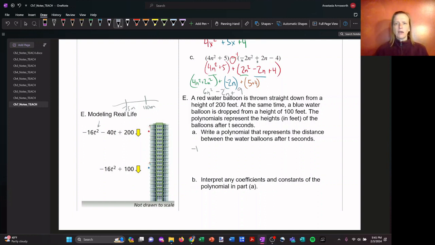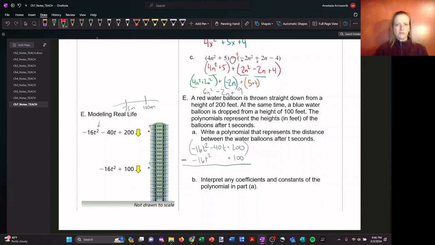I have my -16t squared minus 40t plus 200 as my first polynomial, but I'm going to subtract away the distance of the blue balloon, the -16t squared plus 100. I left a gap where the 40t was because there's no t variable in this second one. But in this example, I'm not adding, I'm subtracting.